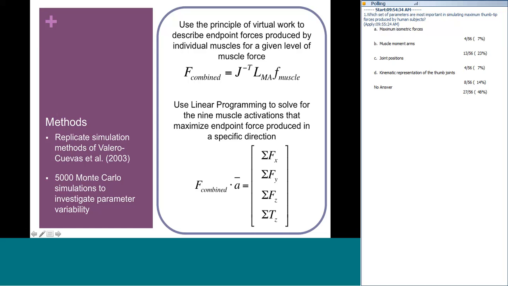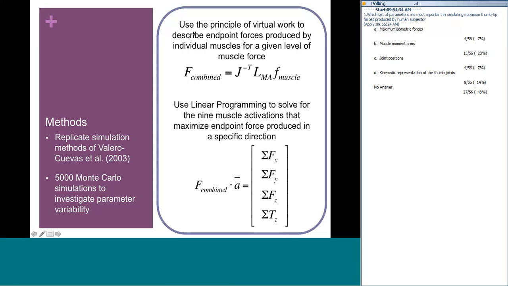So again, what we're shooting to do with this second part of the study is to take our augmented model, the original model from Holzbar, 2005, with the extrinsic muscles. We've added these new intrinsic muscle tendon paths, and now we're trying to use exactly the same simulation methods that Valero Cuevas used in 2003.